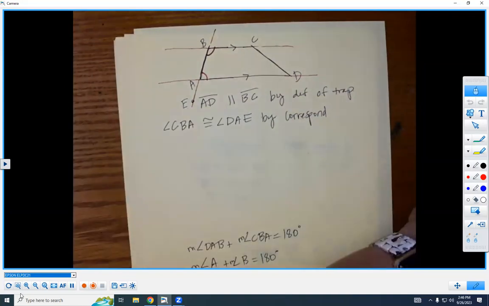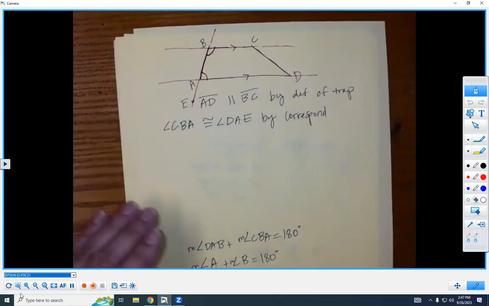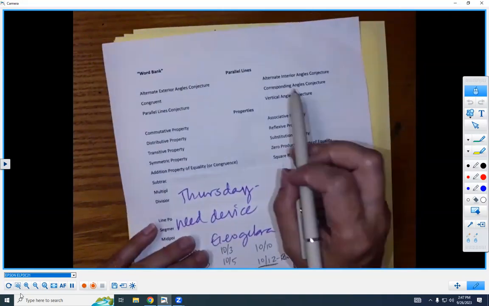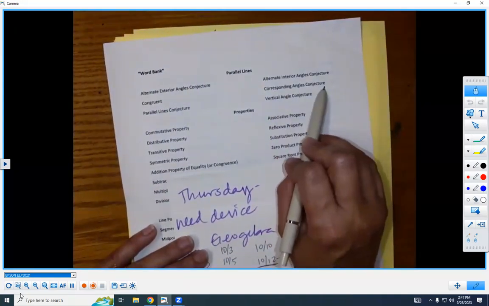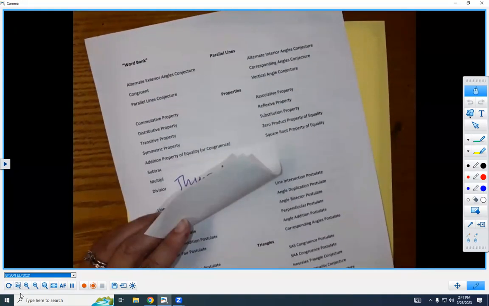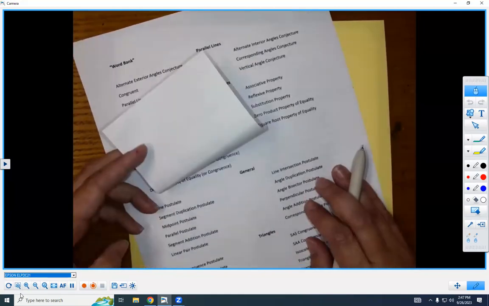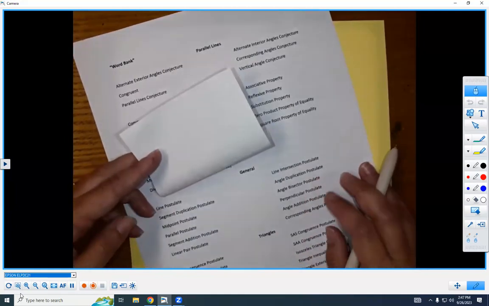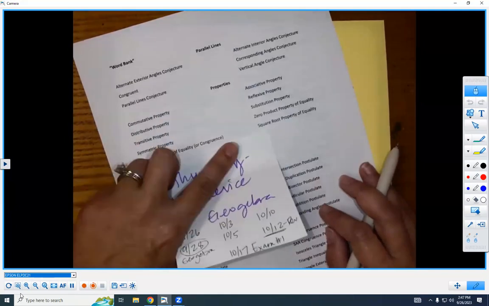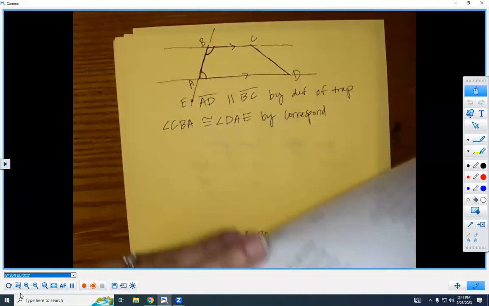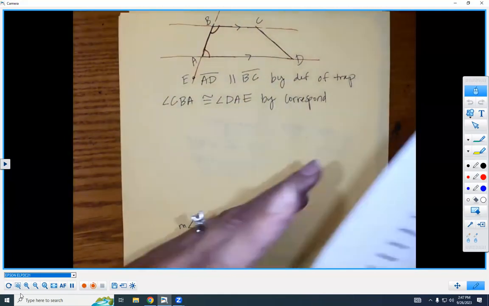Is it postulate or conjecture? It's conjecture: the corresponding angles conjecture. Honestly, whenever I write it, I write corresponding angles.